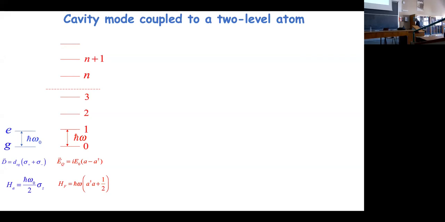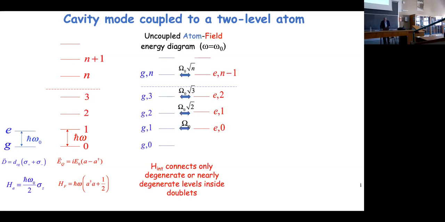Now, what happens when you couple them? I will just restrict myself to the exact resonance case. So what are the energy levels of the two systems coupled together? You have only one ground state, which is the atom in the lower state and the photon in the lower state, G0.